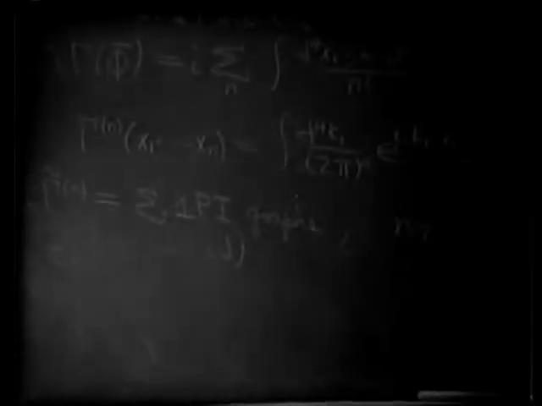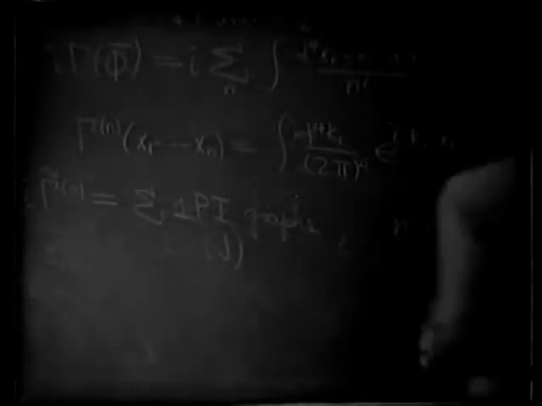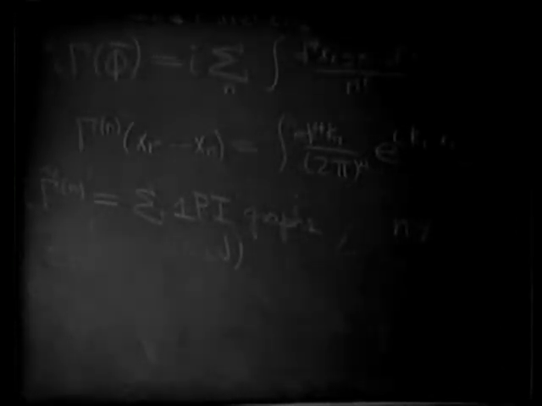For n not equal to 2. For n equals 2, I will define it in a somewhat peculiar way, for a reason that will become clear to you in a moment.